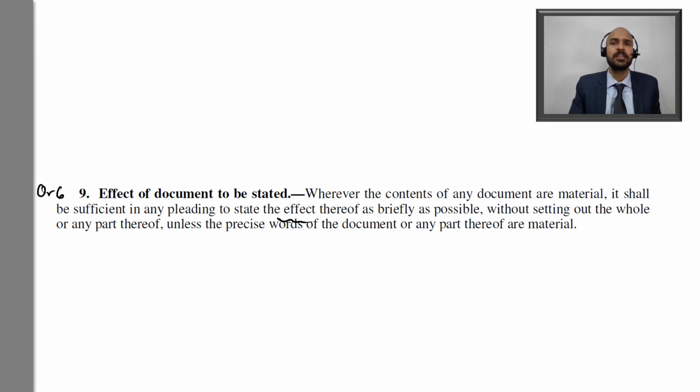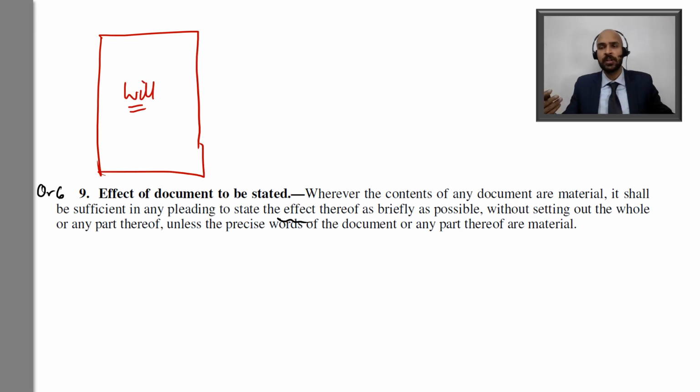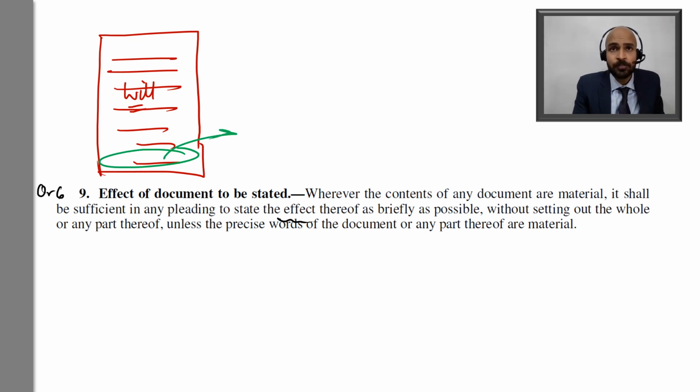So for example, let us say you want to claim that you have now been bequeathed certain property through a will. Okay, so let us say this was the will of maybe a certain relative because of which you have now got money. There's no need in the pleading to write down the entire will. You can just state the effect of the will that, well, as a result of the will dated so and so, I have been bequeathed rupees, whatever.